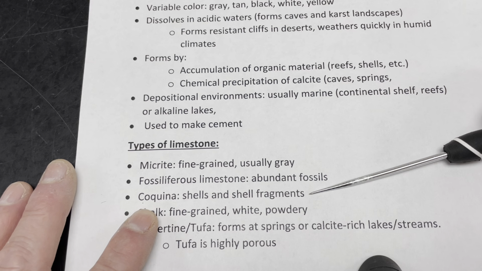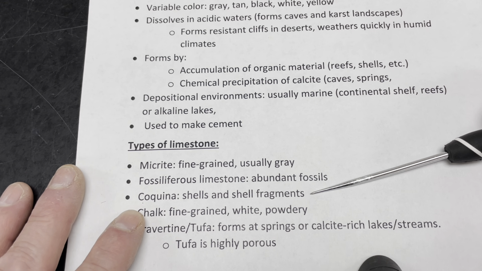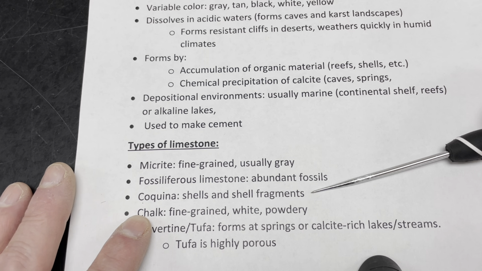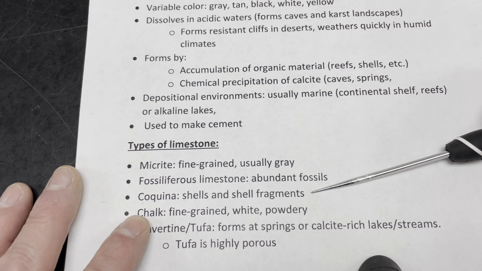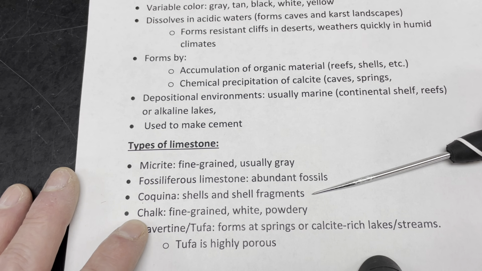These are often found closer to beaches and the shoreline, where the wave action and energy of the ocean breaks up the shells and exoskeletons, and then they accumulate, get deposited, and get glued together, usually with the same calcite cement. We'll look at a couple examples of that.